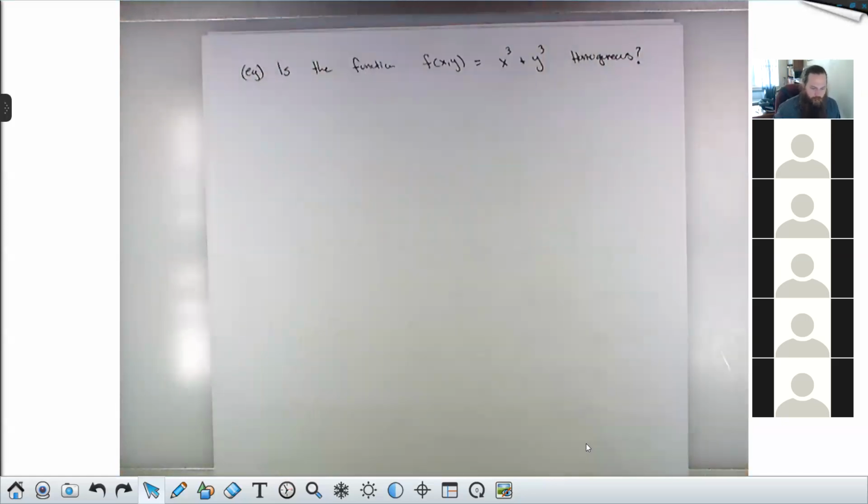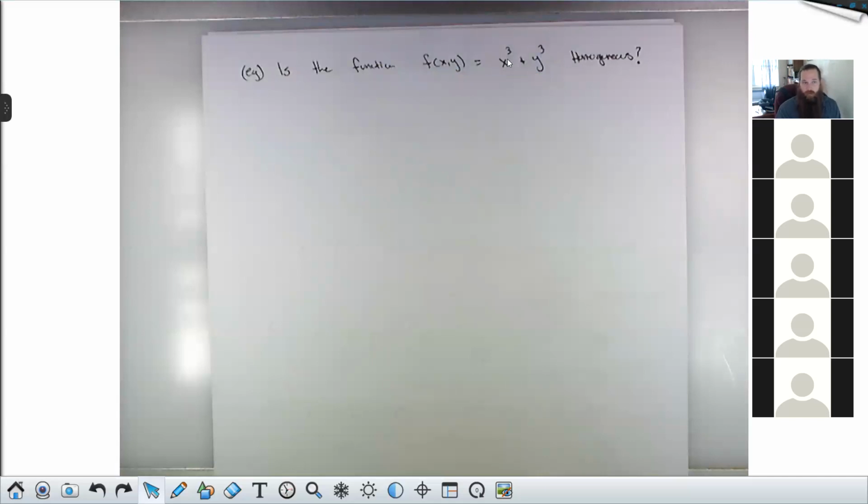And you'll kind of get a feel for what homogeneity says about the algebraic sort of shape of the function. Thinking about the definition, how would I test to see if this function is or is not homogeneous? I'll tell you, this is the sort of question I could ask on a test. This would make for a simple true-false.